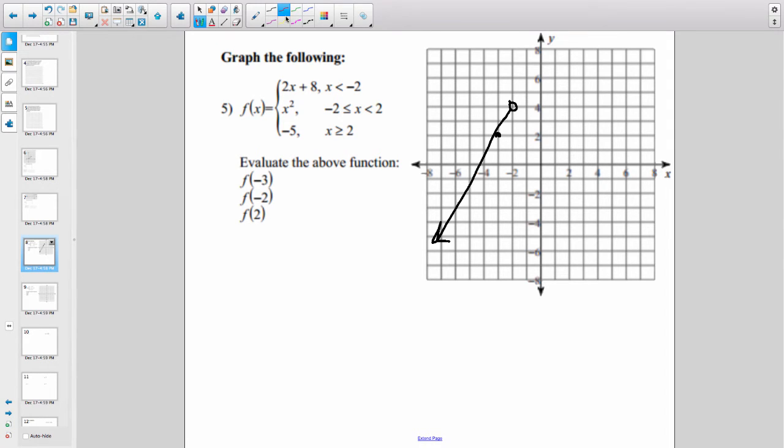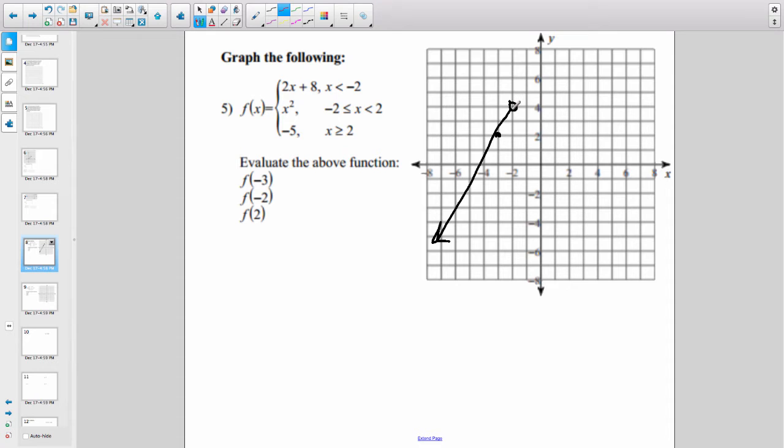So now for the parabola, that was the x squared. We only wanted it to be from greater than or equal to -2, and then less than +2. So if we looked back at that table of values and plotted the points, where you saw x = -2, you would see 4.